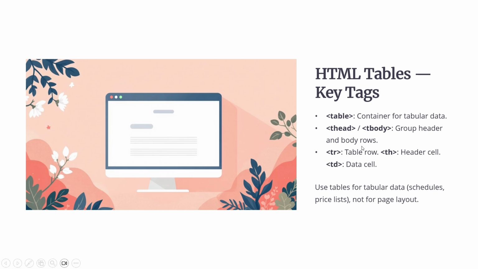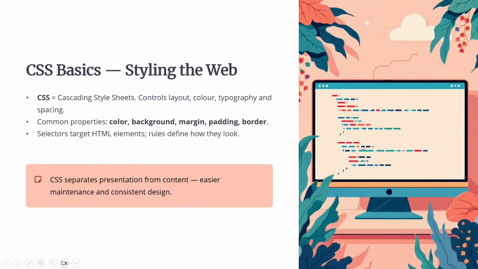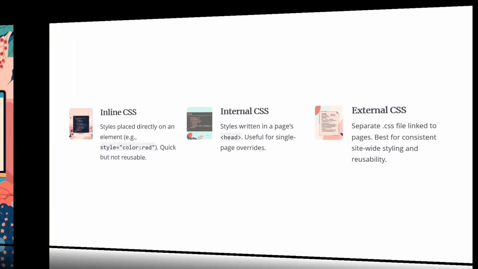Going to the next topic, what is CSS? CSS stands for Cascading Style Sheets. It is mainly used to design the web page. It controls text color, margins, borders, spacing, layout, and etc. Without CSS, a website looks plain, boring, and unattractive. In CSS, we have three types.